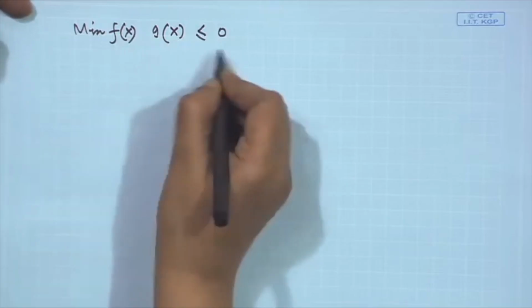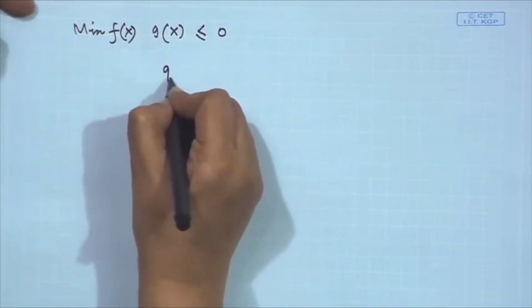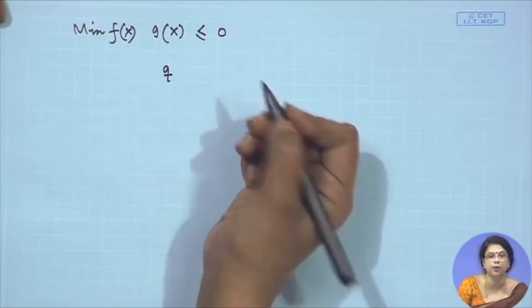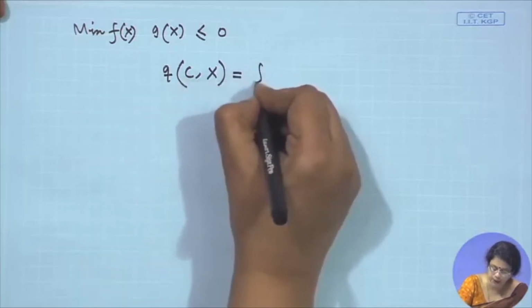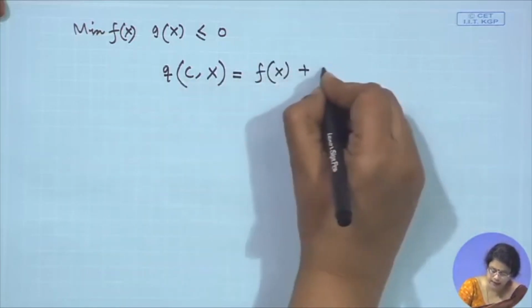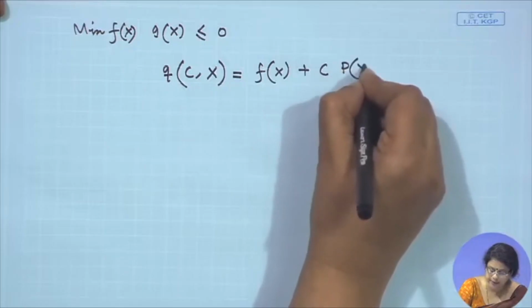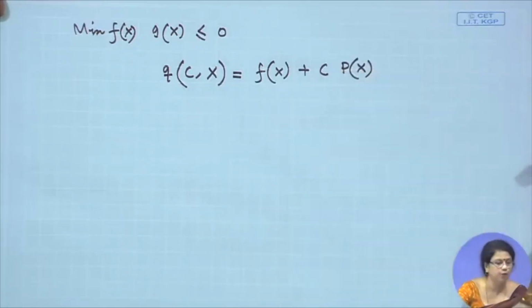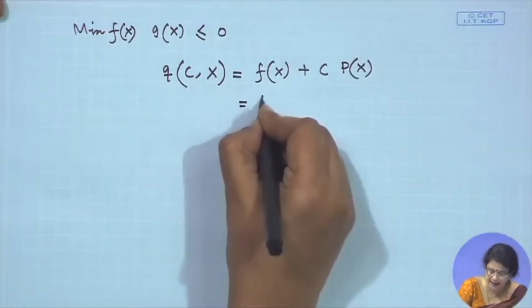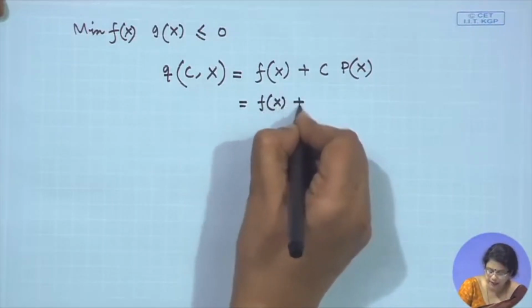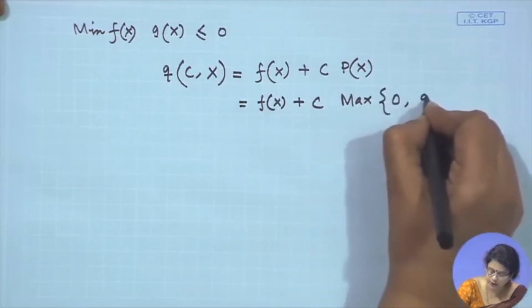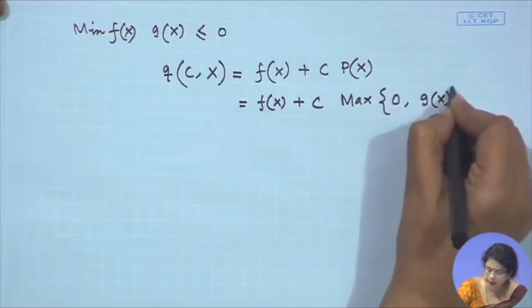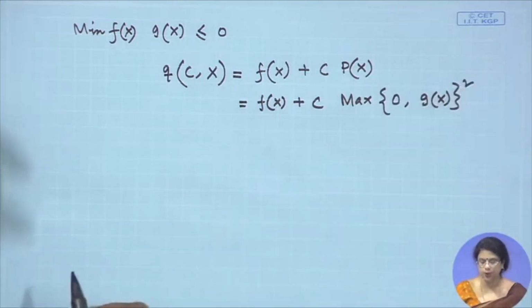Then for this problem, if we consider the unconstrained optimization problem, say q, which is a function of c and x, this would be equal to f(x) plus c p(x), the penalty function. Now, for this problem, we have considered the penalty function as f(x) plus c max of 0 and g(x), and we have considered the square.